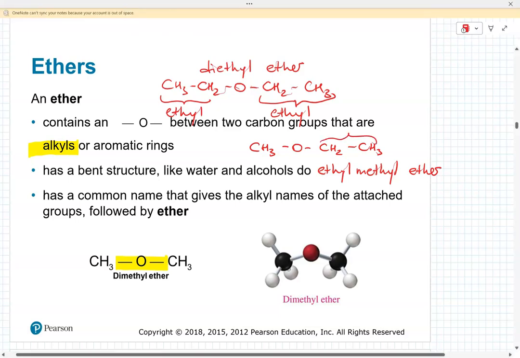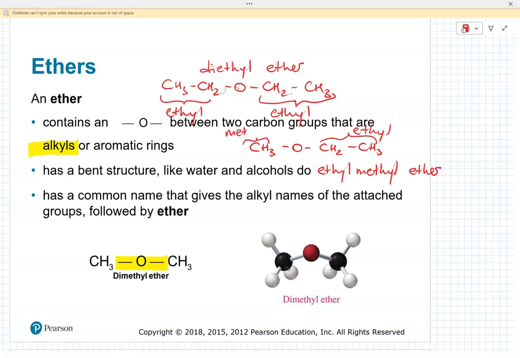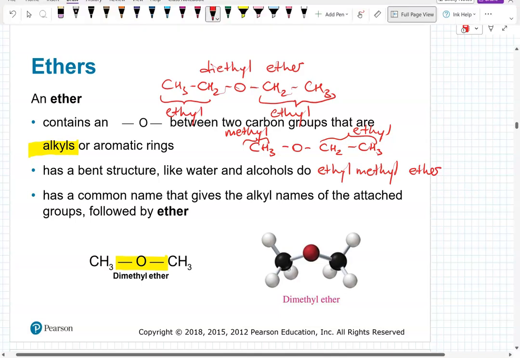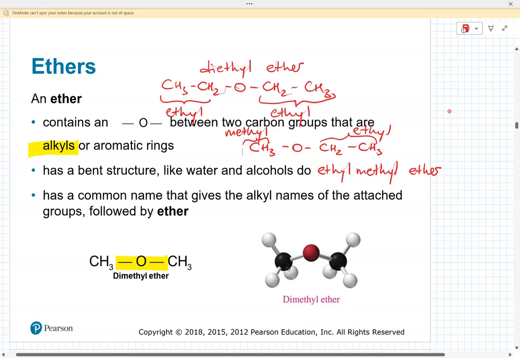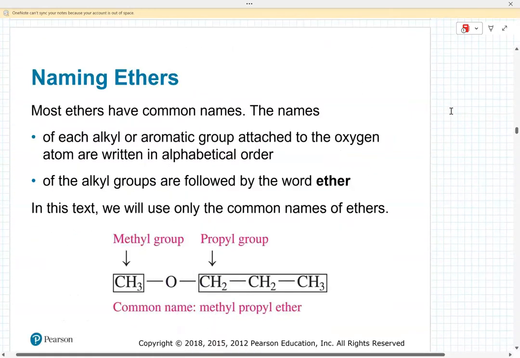Because this is ethyl and this is methyl. Am I making sense so far? Okay, good. Here's another example, methyl propyl ether.